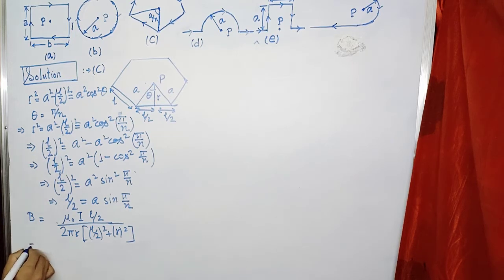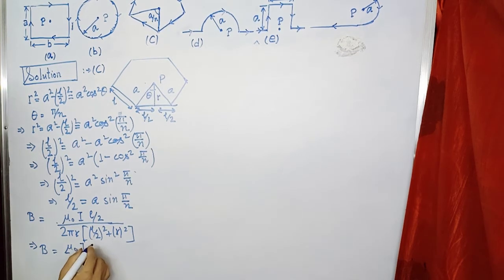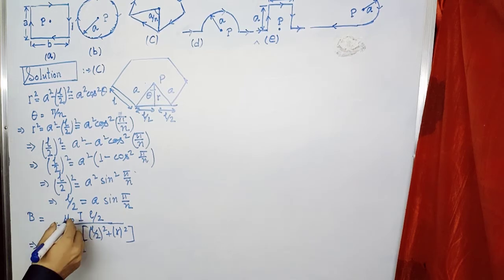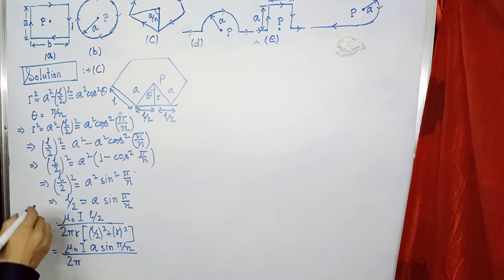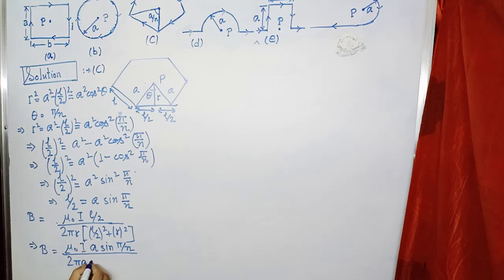Now this magnetic field becomes B equal to mu naught I, and the value of L divided by 2 is equal to A sin pi upon n, and the value of R is equal to A cos pi upon n, and its power is equal to half.